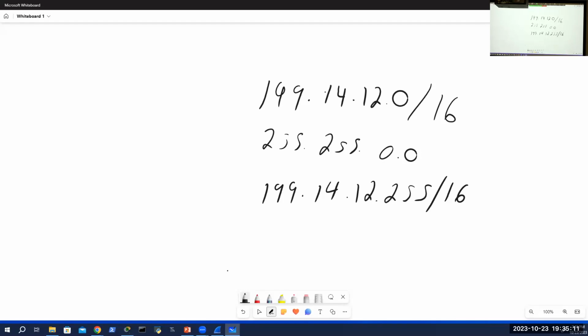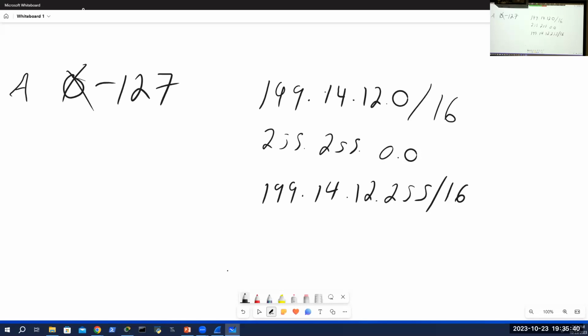There are also other addresses. Remember we said class A was 0 to 127. Well, you can't use 0. That can't be your first octet. What else can't you use when assigning to a host? Is there any other address in this class A range that you can't use to assign to a computer?